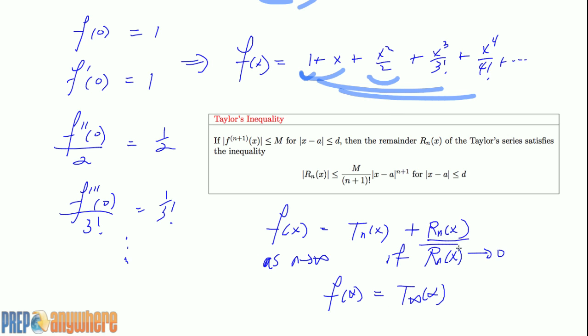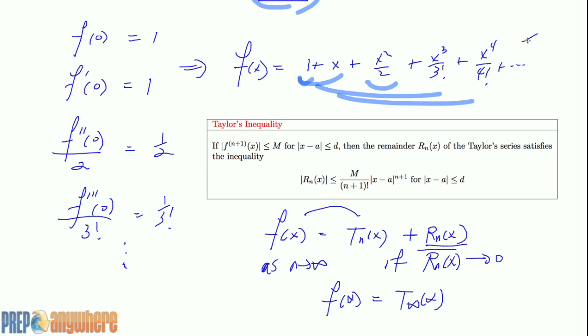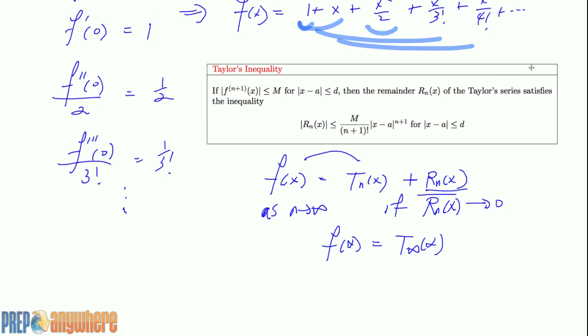If it is not approaching 0, there's a difference between these two. You agree? Okay, so let's use this to show that it's going to approach 0, to finish off saying this is another way of looking at e to the power of x.